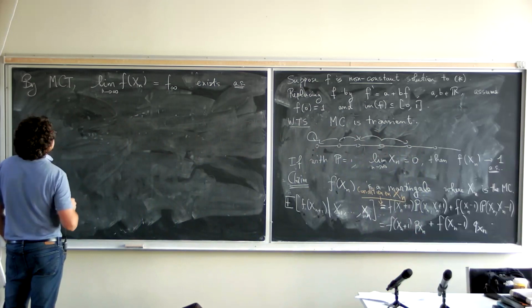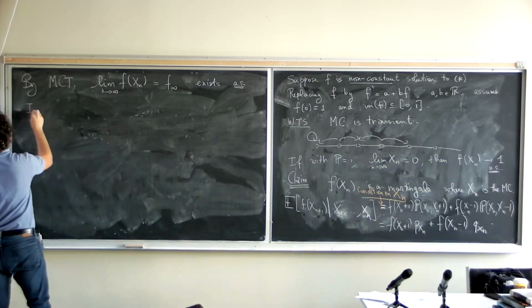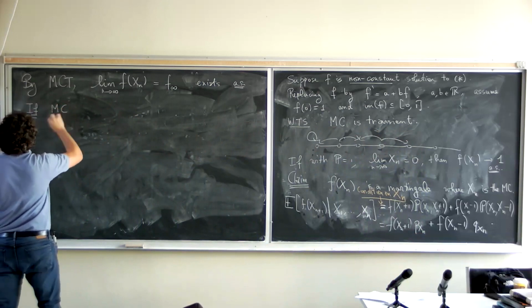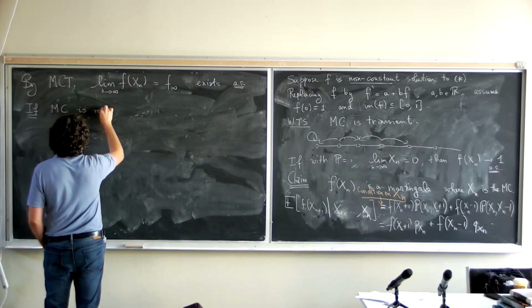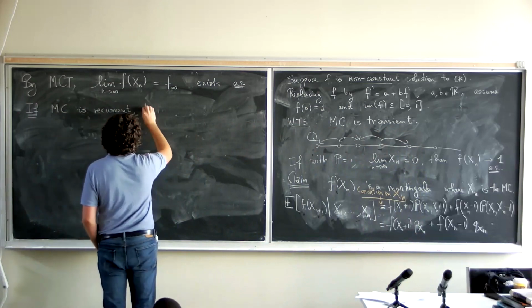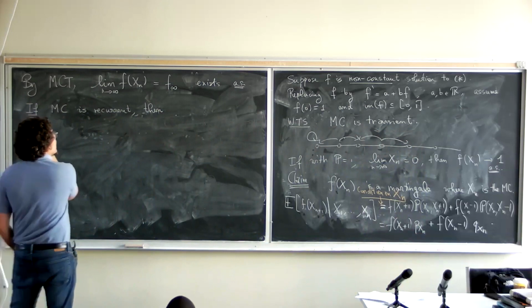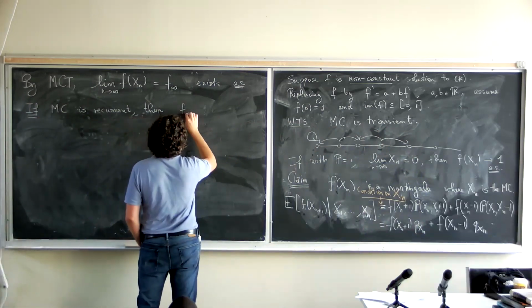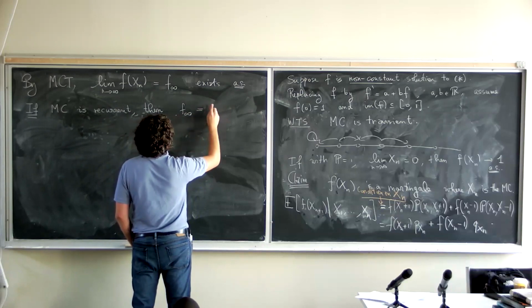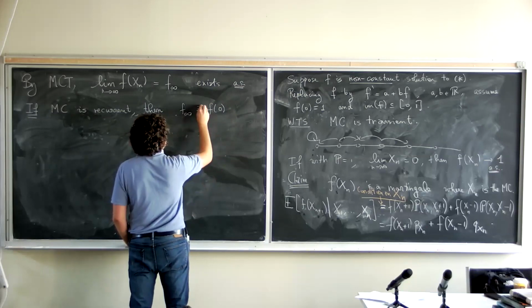So now the issue is, if the Markov chain is recurrent, then f has to be constant. Because then f infinity equals f of 0, so f is constant.